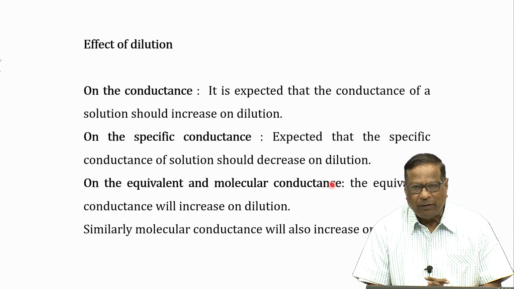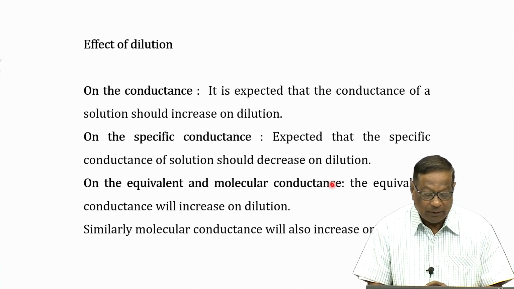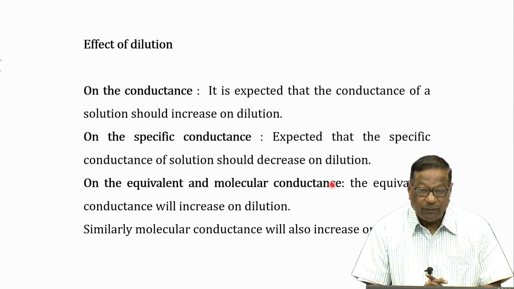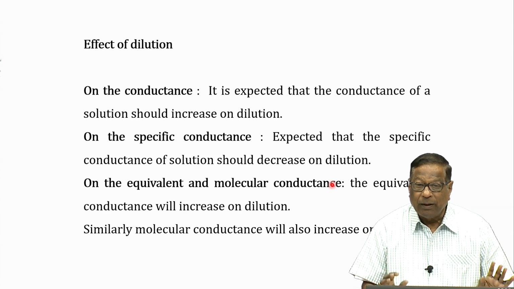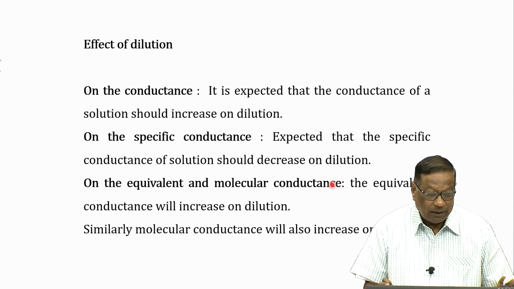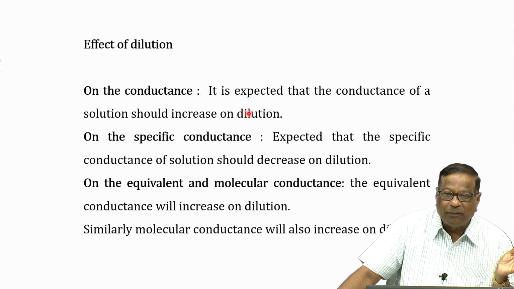In 1 gram equivalent there should be 18 grams, so the concentration of cations and anions will be 10 raised to minus 14. So, if the solution is very pure, there are not many ions. I put only one small ion, and then that can move very freely.